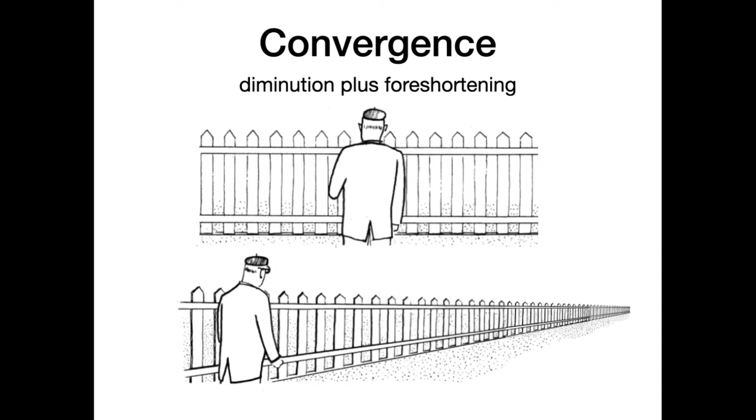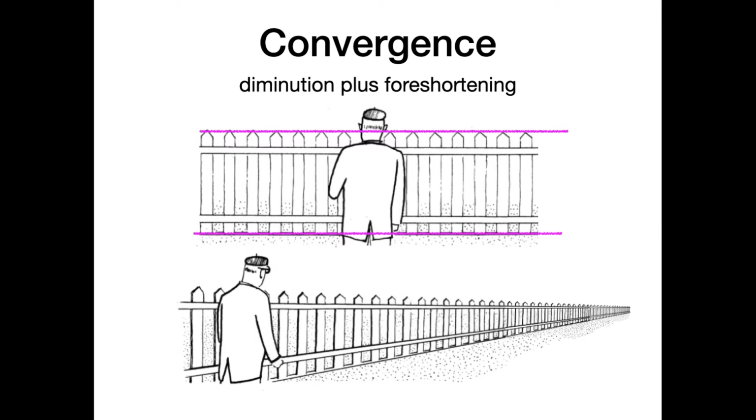Convergence is diminution plus foreshortening, which really means as objects recede away from us, they will get smaller and smaller until they eventually meet at one point. This picket fence, when viewed straight on, is parallel to us, and the pickets appear all equal in height and spacing.